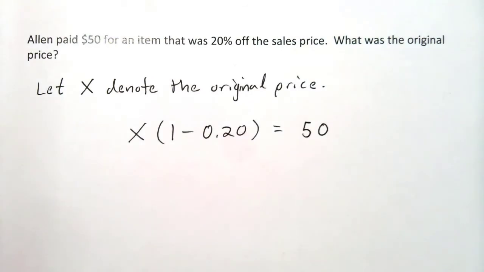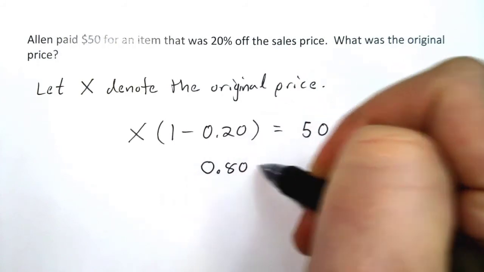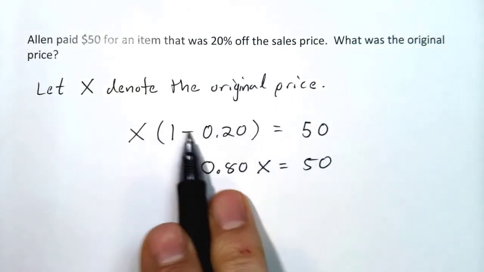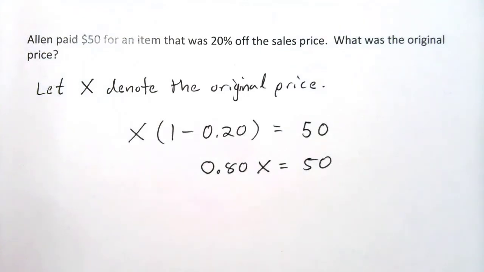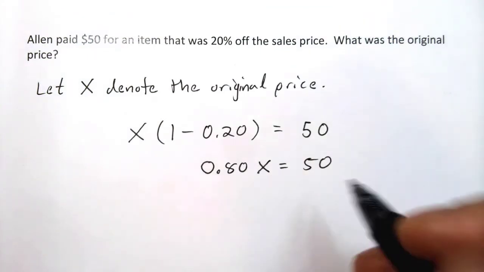So here is the equation that we need to solve to find the answer here. Well, 1 minus 0.2 is 0.8. So we could write this as 0.80x equals 50. I swapped the order of these. I put the number on the left. That's conventional. And so we're solving for x, so I'll divide both sides by 0.8.